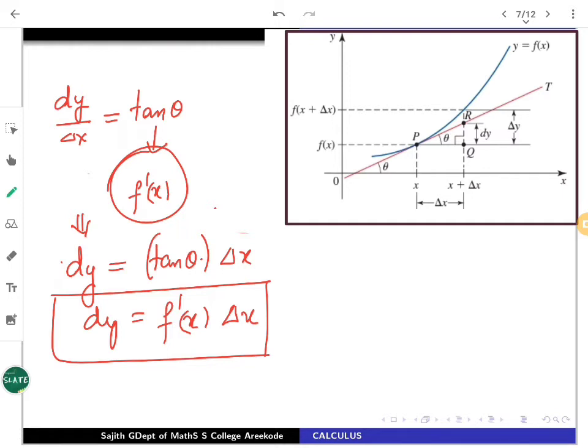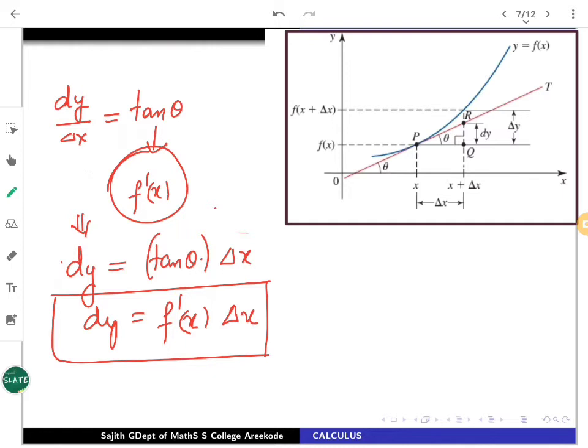Now, how are these things going to be useful? So we formally define all such things. dy gives you the precise variation, what exactly is going to be the delta y part. So the input x is there.